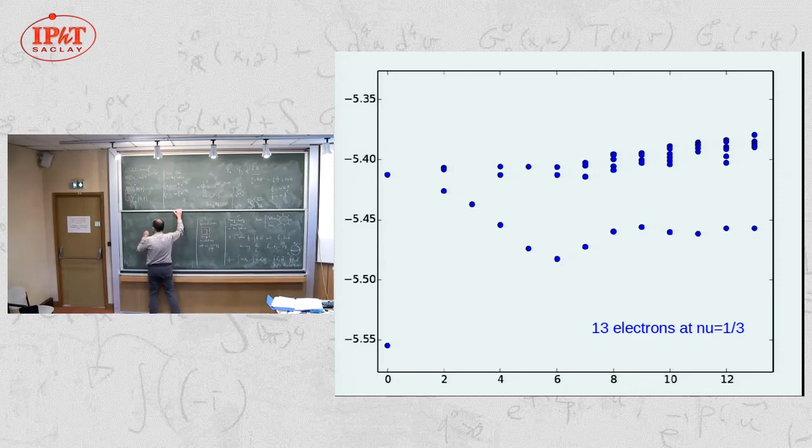So the lowest Landau level has a degeneracy 2S plus 1, which is n phi plus 1. Then the next Landau level has a degeneracy which is 2S plus 1 plus 1, which means 2S plus 3, and so on.